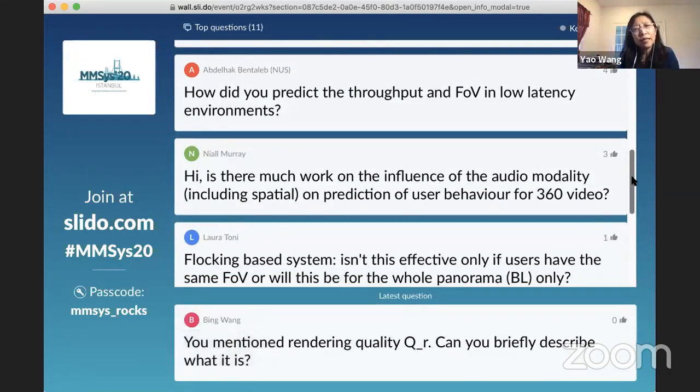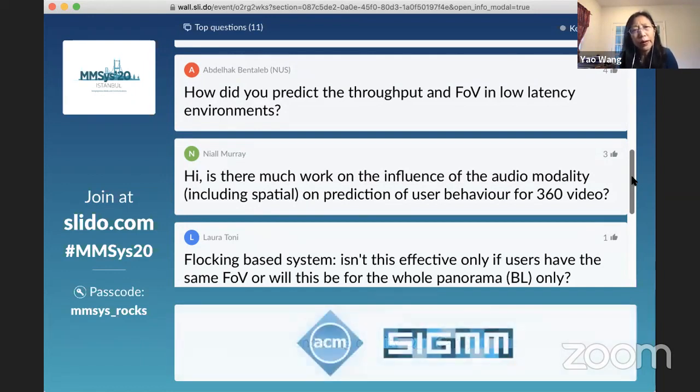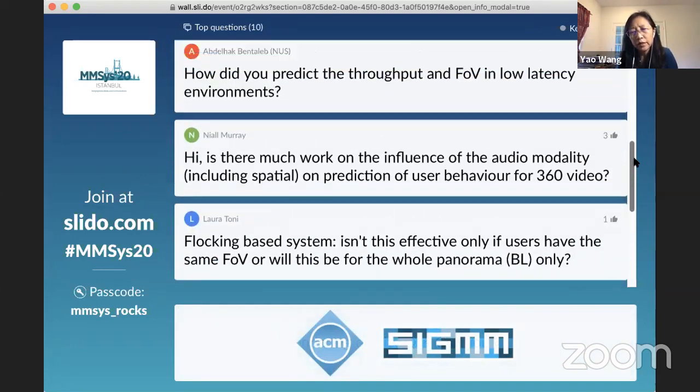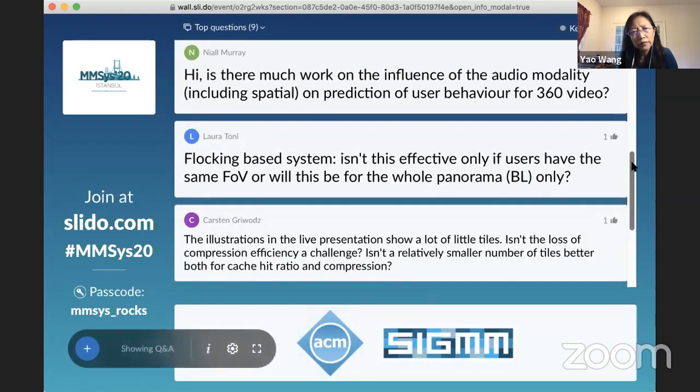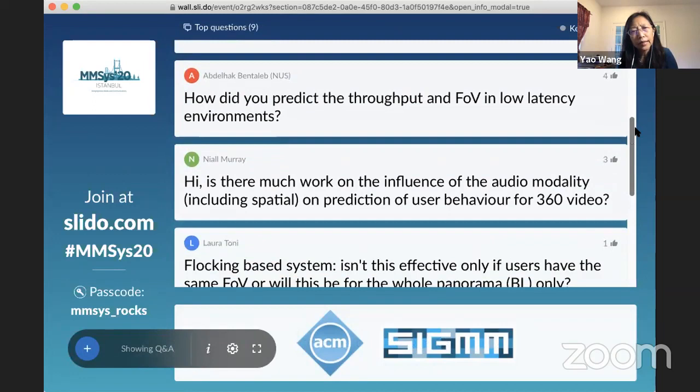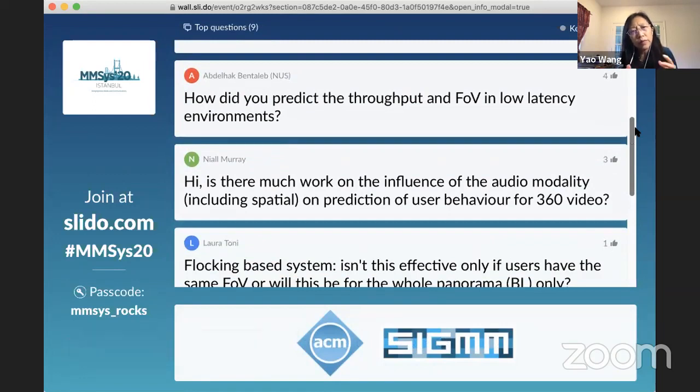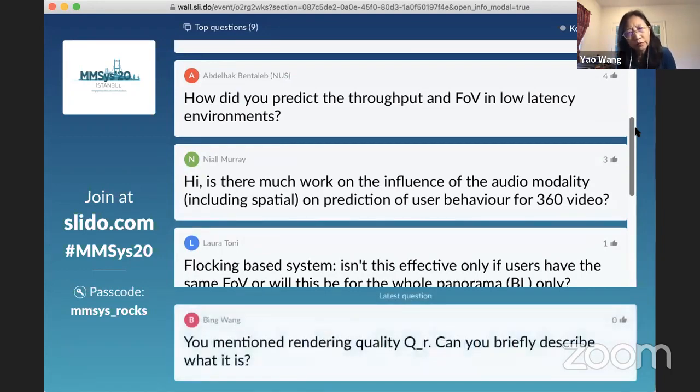Because in the low latency case, you only need to predict a little bit ahead, right? In our case, the overall delay is only on average 3 frames. So we use a very simple prediction approach. For the bandwidth, we use what we call a recursive least square approach, which essentially uses some kind of weighted average of the past throughput to predict the future.